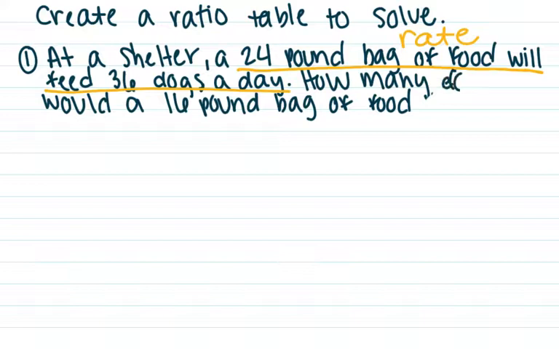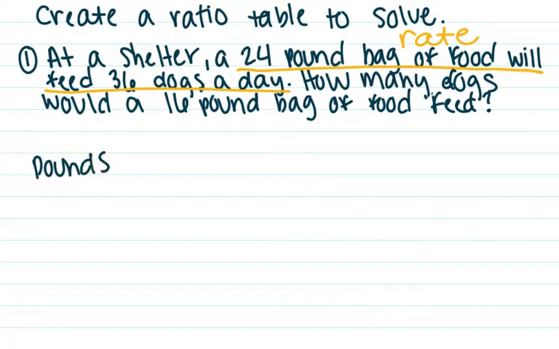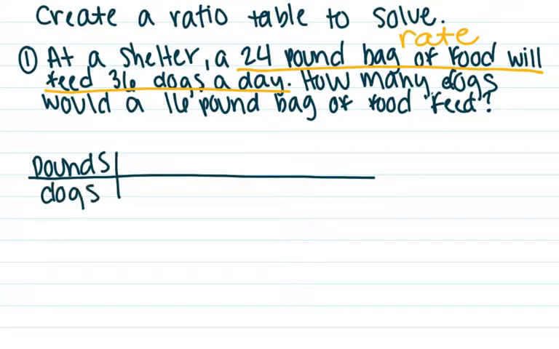How many dogs would a 16-pound bag of food feed? All right, so I'm going to use pounds of food as a label for my ratio table, and I'm going to use the number of dogs as the bottom part of my ratio table.